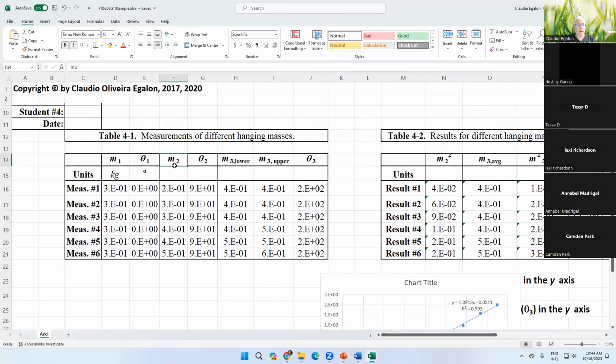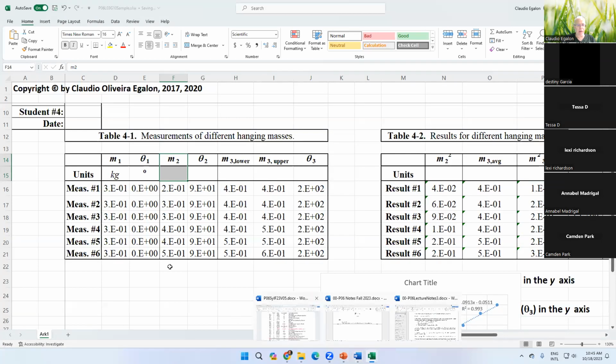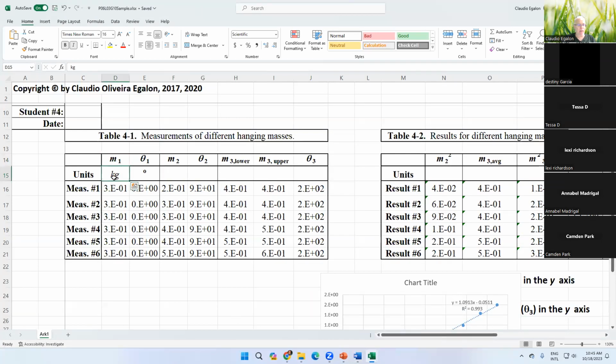So you gotta look here at, okay, what's the unit for M2? Hello, Tessa. What's the unit for M2? I don't remember for sure. You're measuring what? Okay, M1 is what? What's the unit for M1?